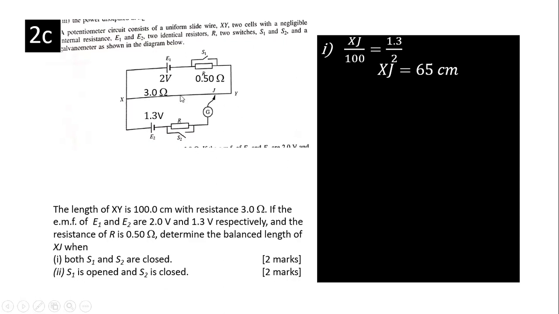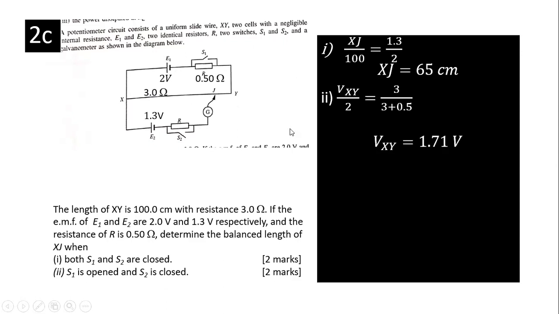You have to calculate your Vxy. Vxy over 2 is the 3 ohm resistance over 3 plus the other resistor; this is a potential divider. You want to find the potential across here, the wire.